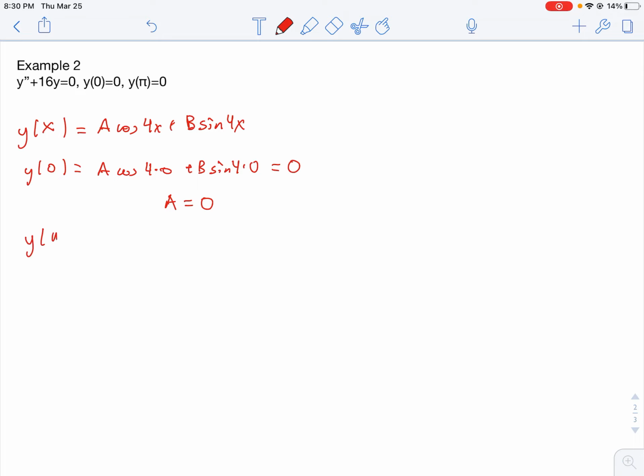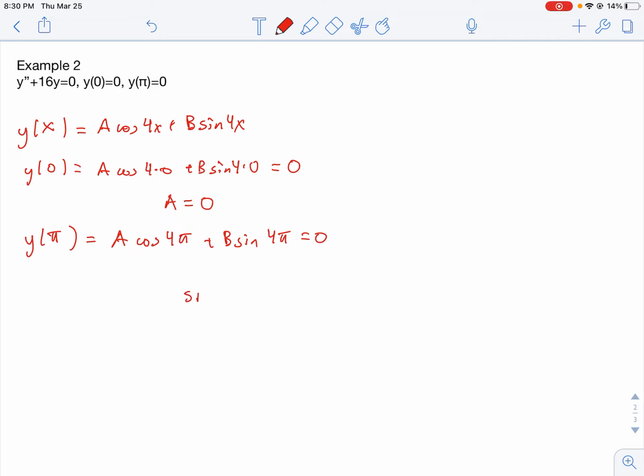Now let's do our second initial value and get a cosine 4 pi plus b sine 4 pi is equal to 0. And we know this a cosine term will also be equal to 0 because a was equal to 0 as given in the previous step. Now let's take a look at our b sine term.